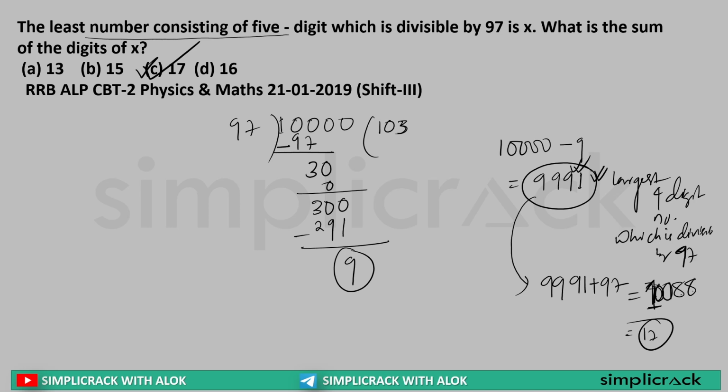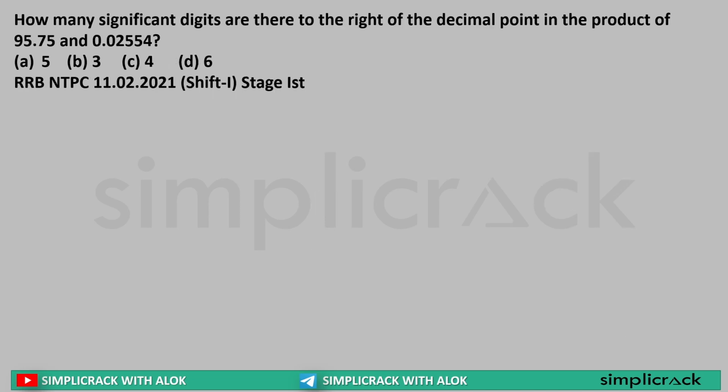Very easy to answer. Next, how many significant digits are there to the right of the decimal point in the product of 95.75 multiplied by 0.02554? Yes or no?